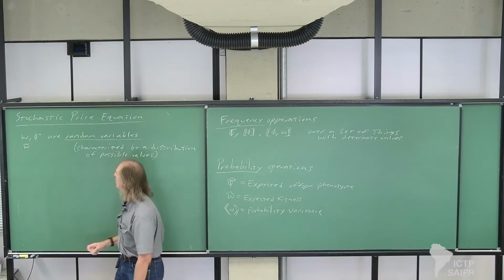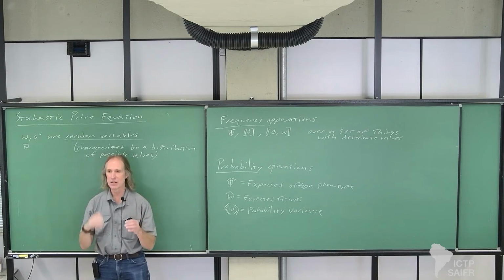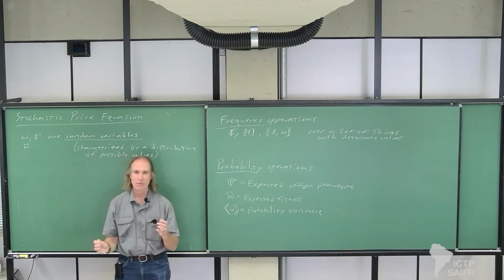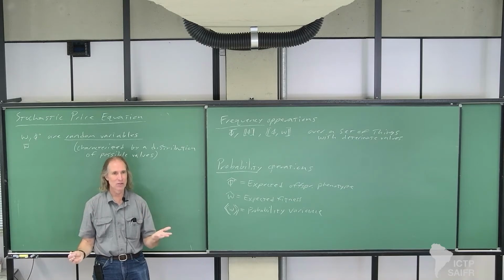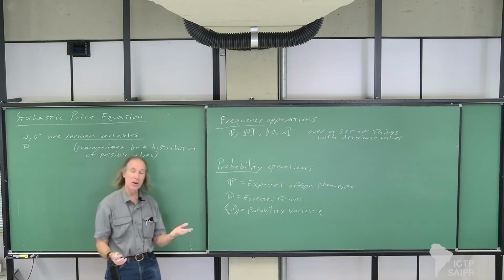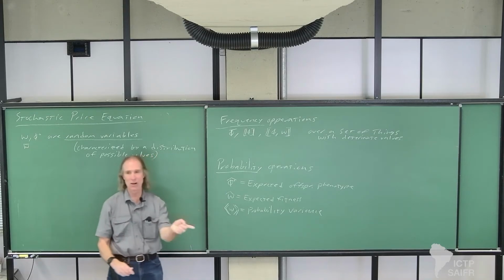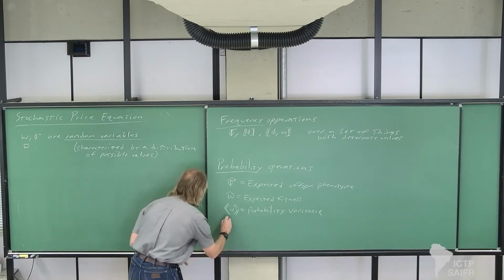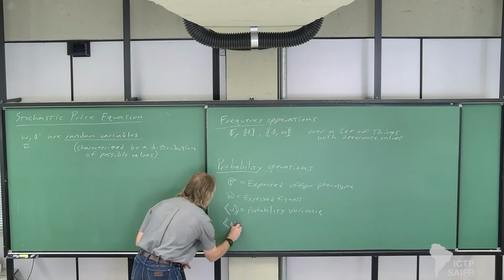We had, in the Price equation, a covariance between offspring phenotype and fitness. Offspring phenotype and fitness are both random variables, probability random variables, so there can also be a probabilistic covariance between them, separate from the covariance within a population. I'll designate that like this. Again, angle brackets, phi offspring with fitness.